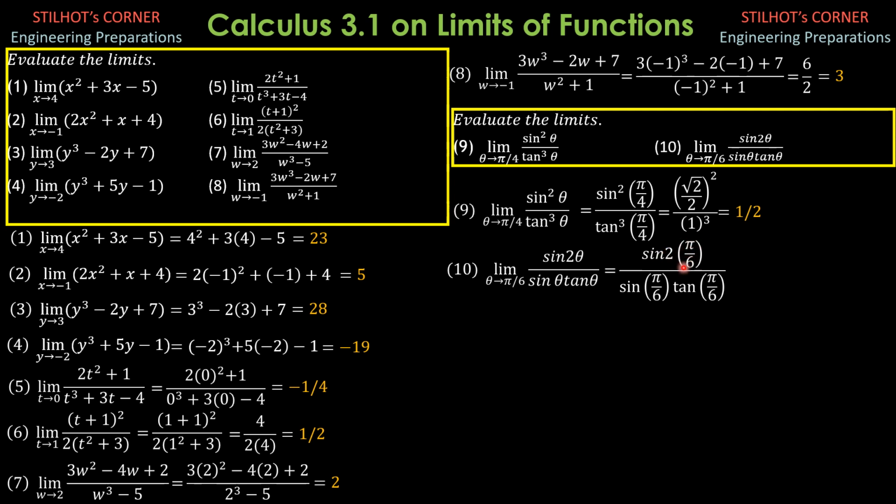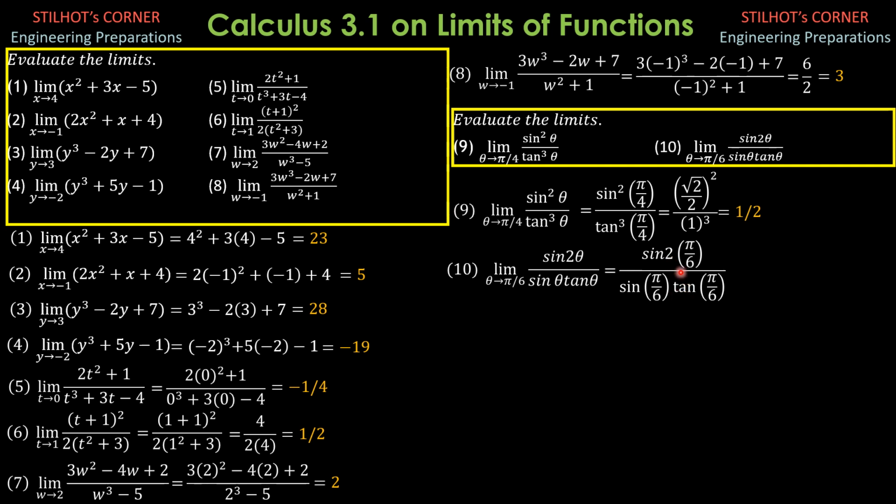I hope that you can recall that because those are special angles, and it is also needed that you are familiar with the exact values of common trigonometric functions of common angles like 0 degrees, 30 degrees, 45 degrees, 60 degrees, 90 degrees, and so on.